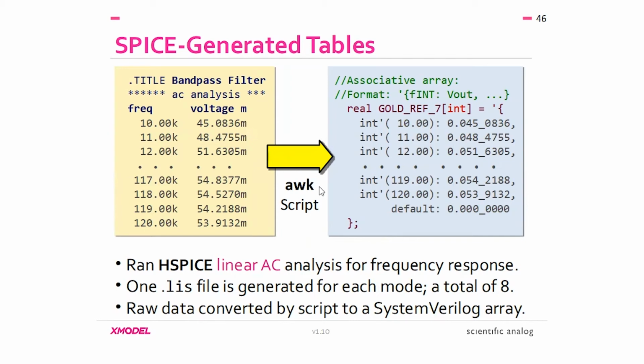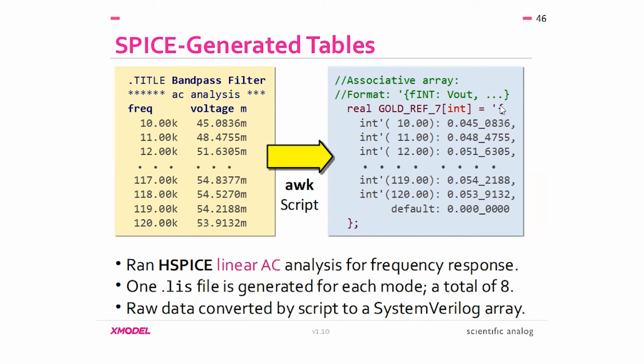Then we wrote a Linux-based awk script to convert this data line by line into a SystemVerilog associative array of correct syntax. And here you see the keys and values.